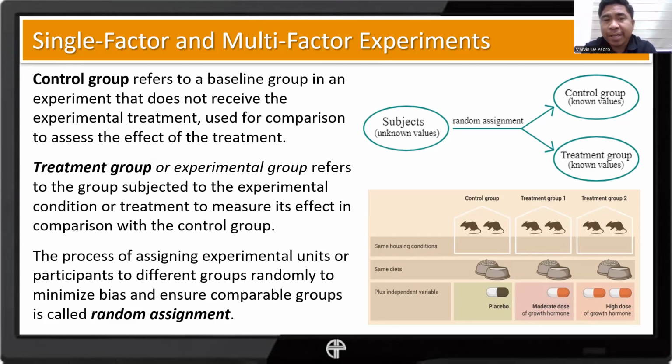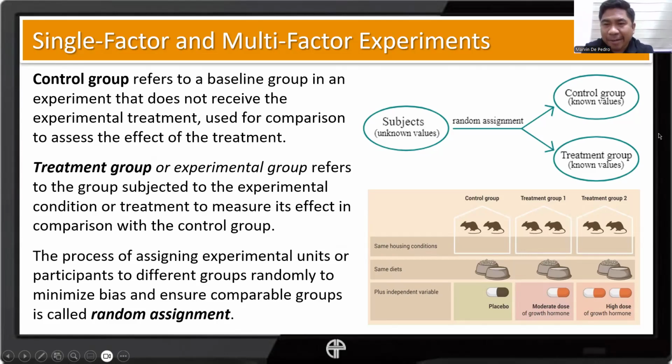The process of assigning experimental units or participants to different groups randomly to minimize bias and ensure comparable groups is called random assignment. So that is what I mentioned earlier. When we assign participants or respondents to either of the two groups, we should do it randomly.